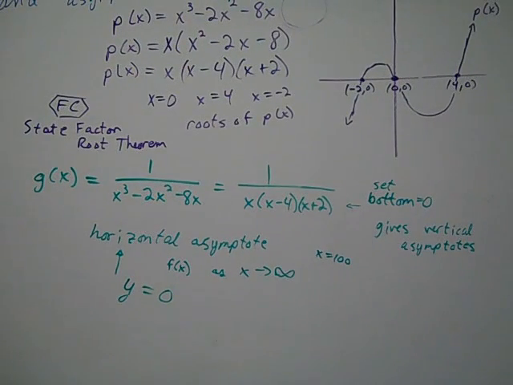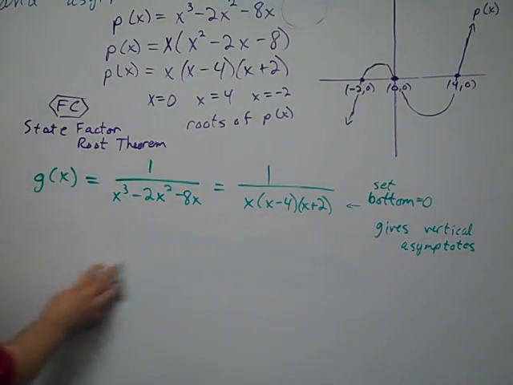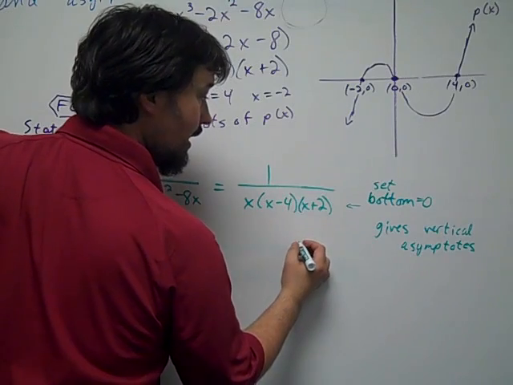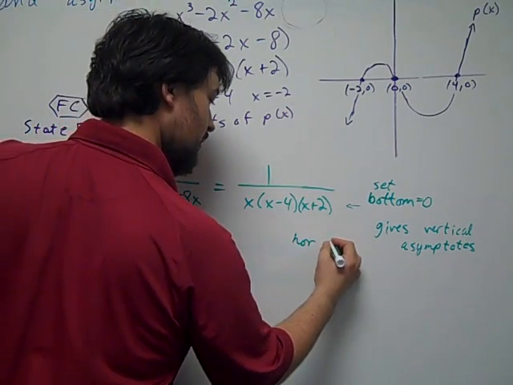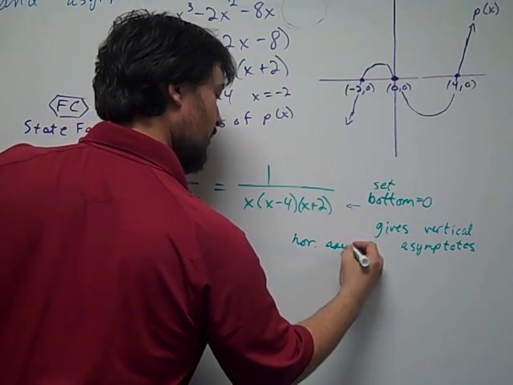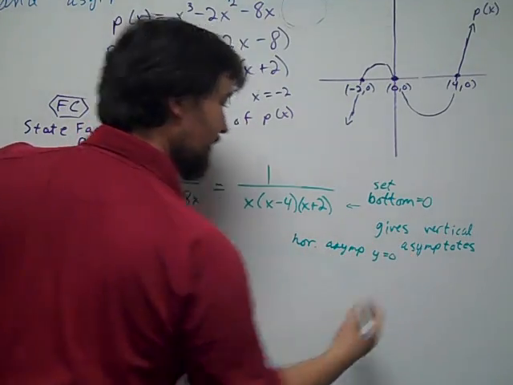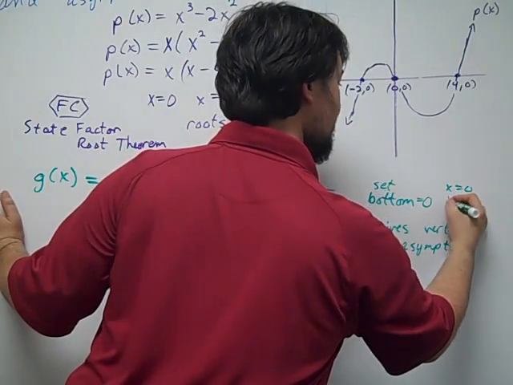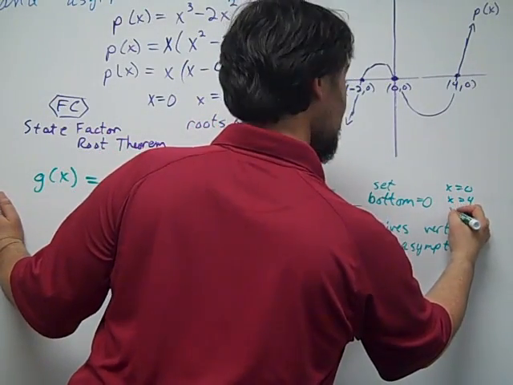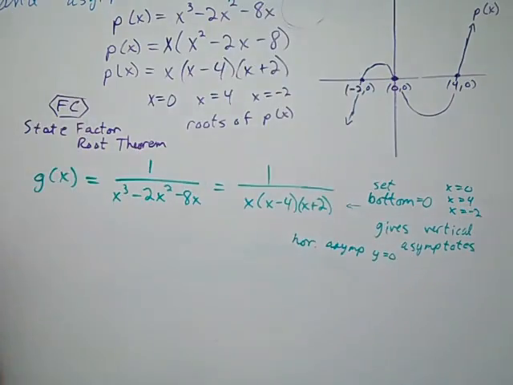And to finish this question up, I'm going to go right back in here. So we have our vertical asymptotes, and then for our horizontal, we have y equals 0. So x equals 0, x equals 4, and x equals negative 2 are vertical asymptotes.